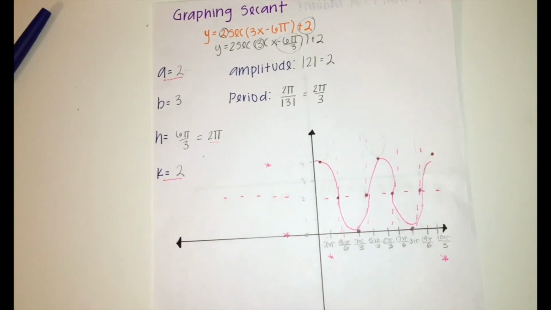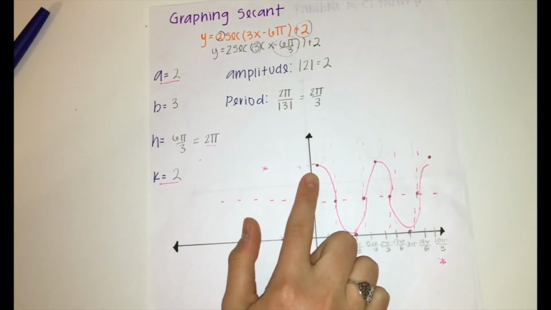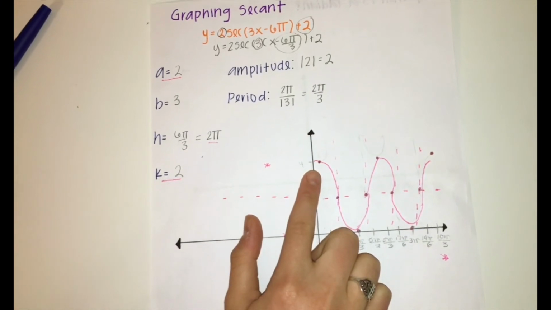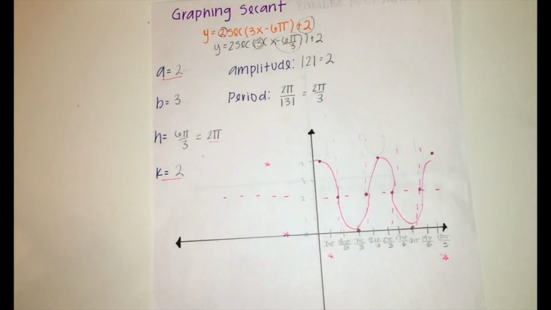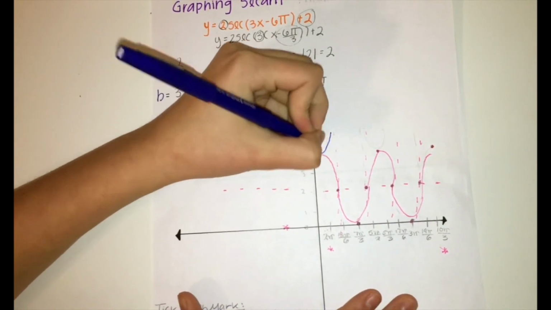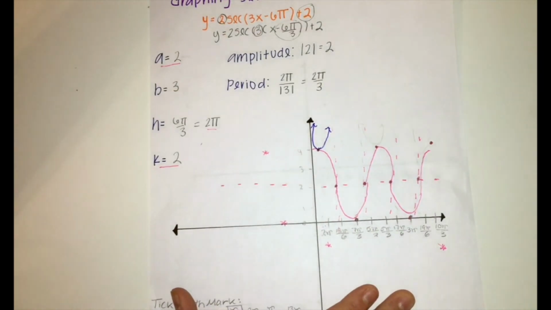Now for a secant graph, everywhere we have a max, like right here at 4, we're going to have a positive or an upwards looking parabola. So I'll show you that. So right here we have a max point. So we're going to have something looking like that, right?